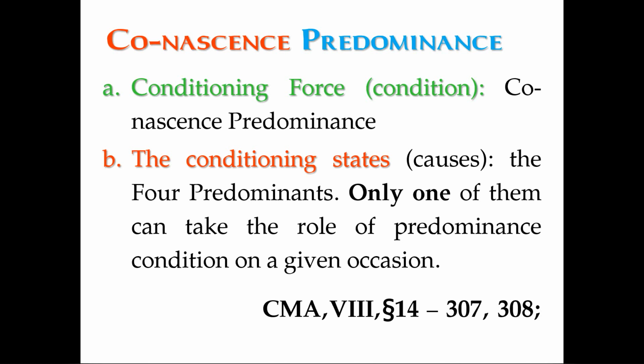The four predominances are the conditions. Only one of them can take the role of predominance condition on a given occasion. Suppose desire is leading, the rest have to follow. If wisdom is leading, the other three have to follow. Only one can take the role of predominance.